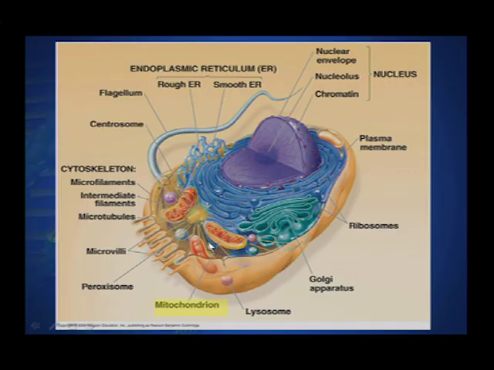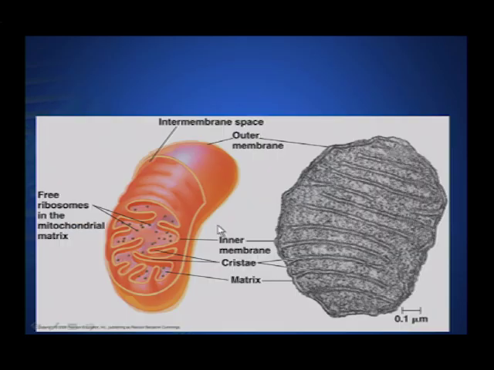Okay, now the cellular oxidation of glucose occurs in the cytoplasm of the cell, the liquid portion outside the mitochondria, and also within the mitochondria. Mitochondria have a structure similar to chloroplasts in that there's an outer membrane and an inner membrane. The inner membrane is highly folded. These folds are known as cristae. And then there's a fluid-filled matrix in the center where a lot of enzymes are found.